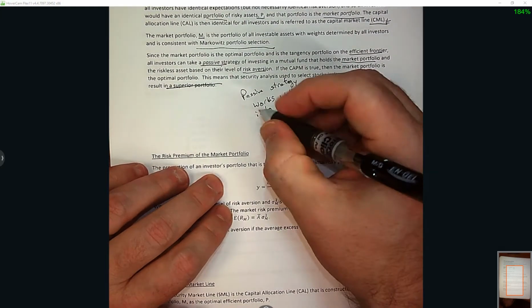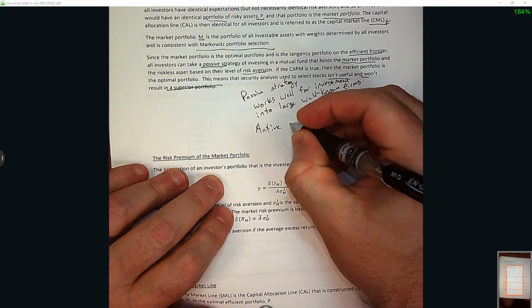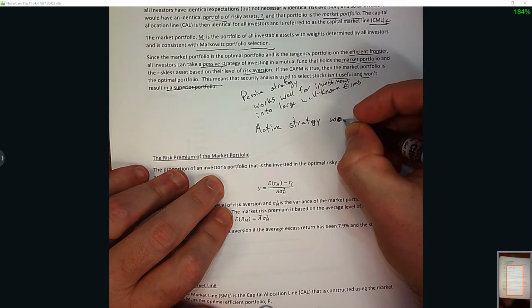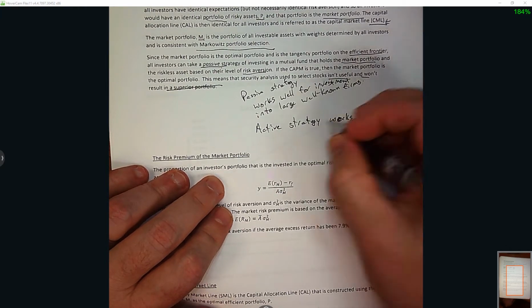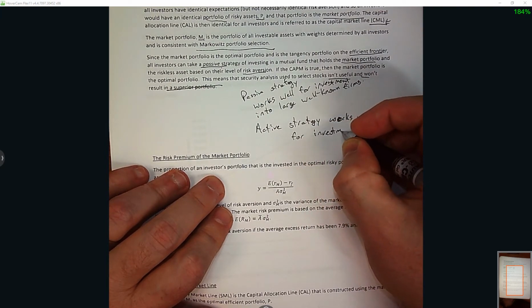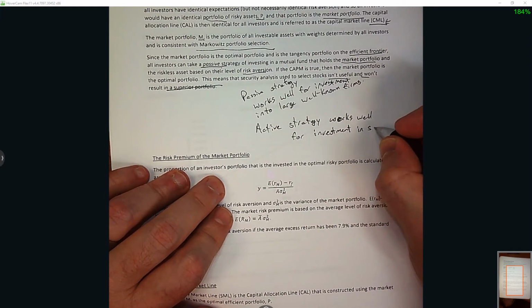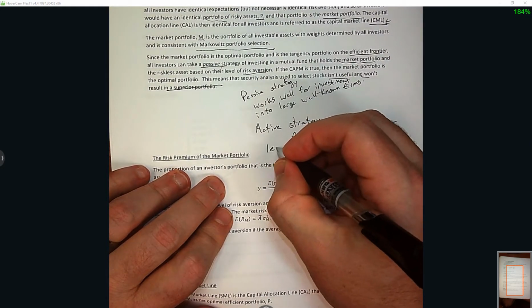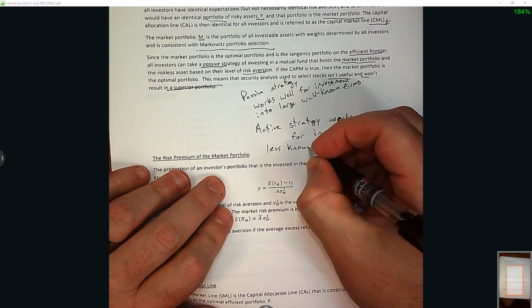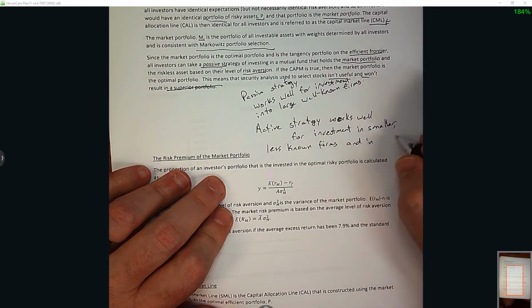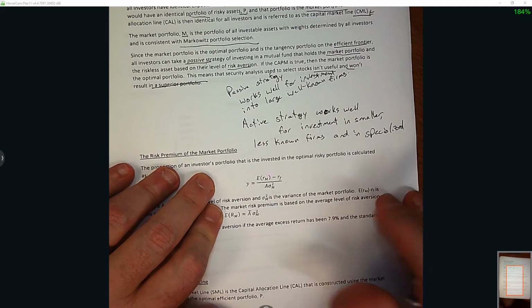So active strategy works well for investment in smaller, less known firms and in specialized industries.